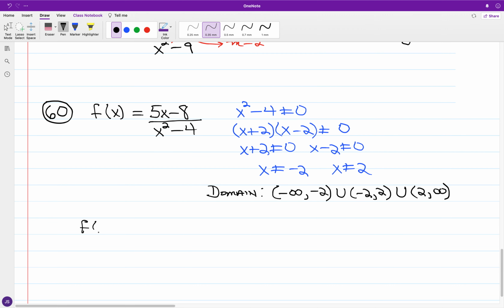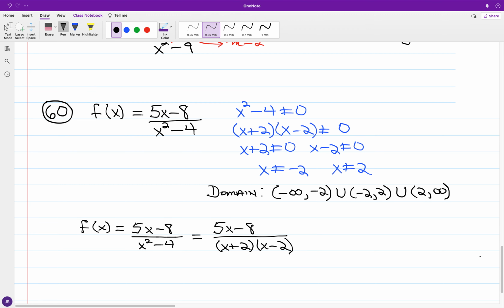And looking to see just what asymptotes there are, here we have 5x minus 8 all over x squared minus 4. To see whether or not this function is already in simplest form, in factoring the denominator, we have the quantity of x plus 2 times x minus 2. And guess what?